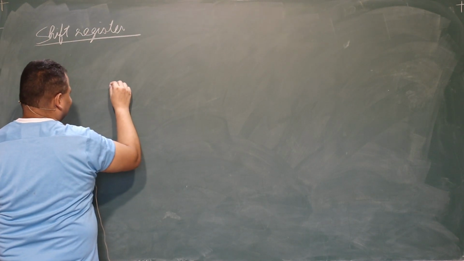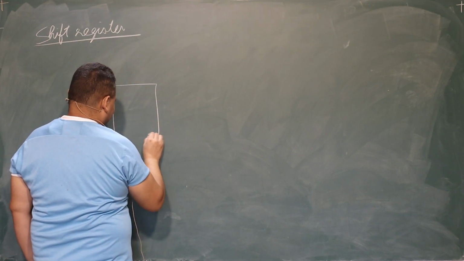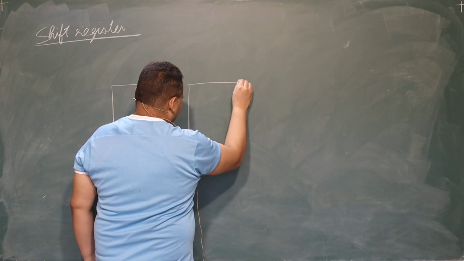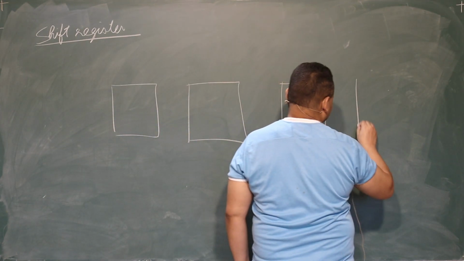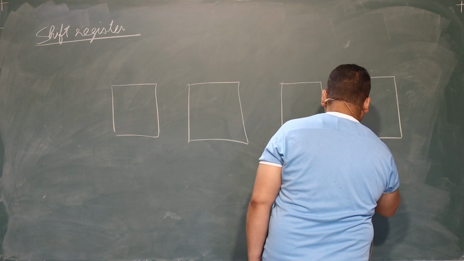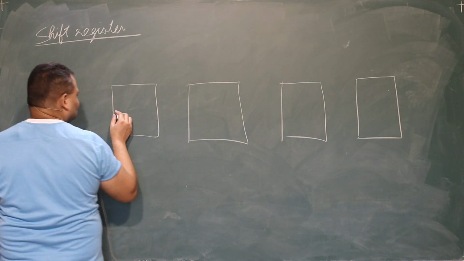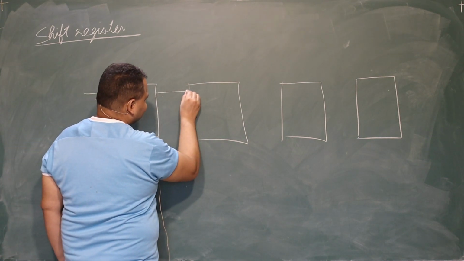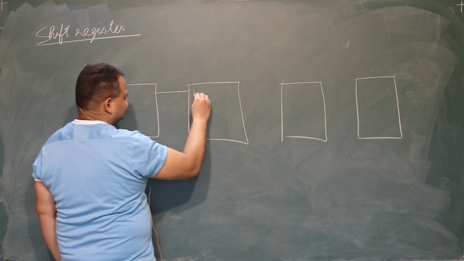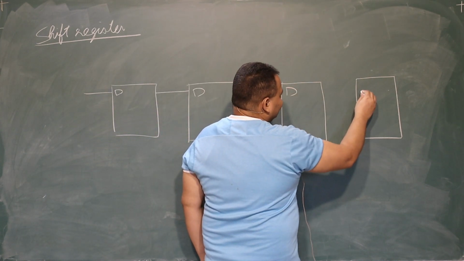Okay, so a shift register looks something like this. You have, so this is a 4-bit shift register. So D, D, and D.